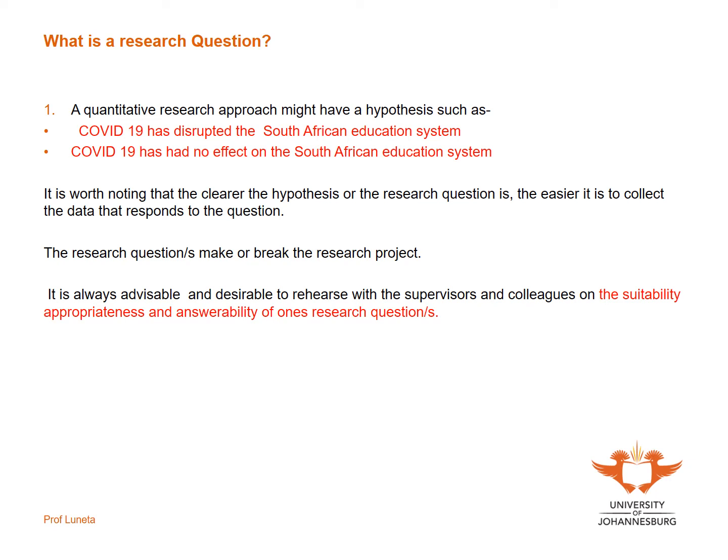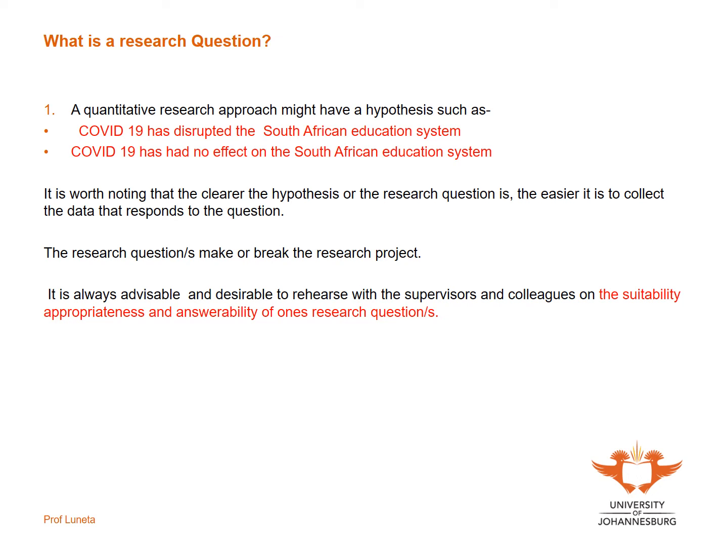So it's important that it is clear to you, and that's why I advise that it's always better to talk to your supervisor about it. This is the research question I have posed because of this particular problem area that I've identified. What do you think? Talk about it to your colleagues and your supervisors.